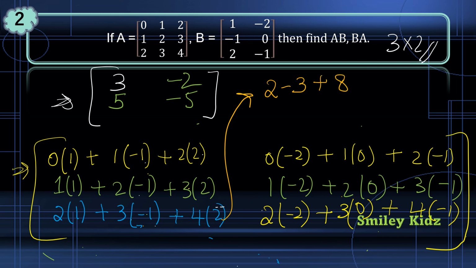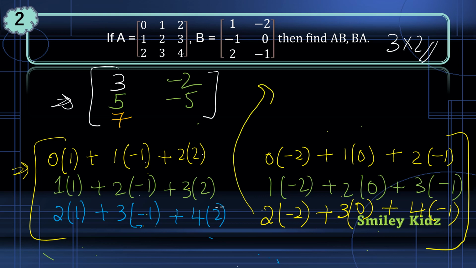That is 2 plus 5, which is 7. So here we'll have 7. Then take this one: minus 4 plus 0 minus 4, which is minus 8. So here you're going to have minus 8.